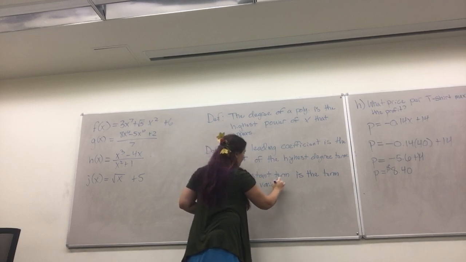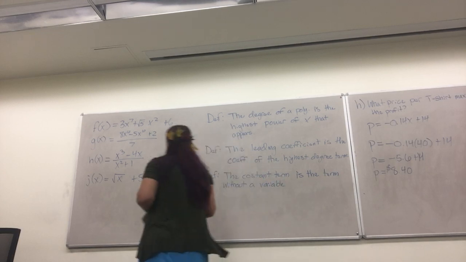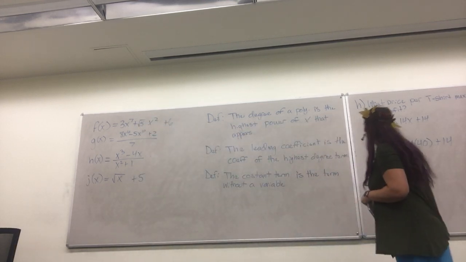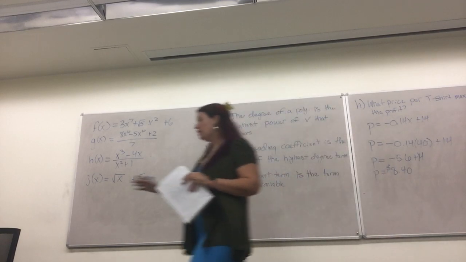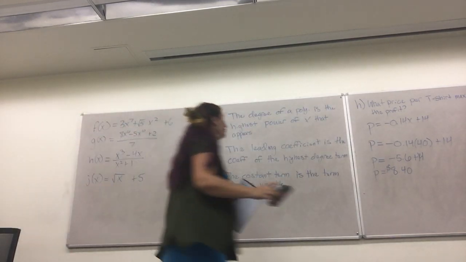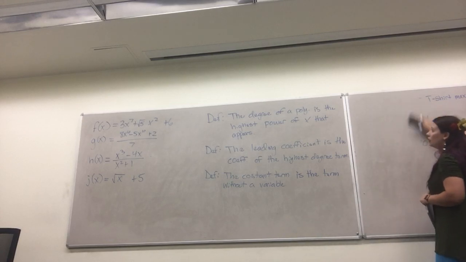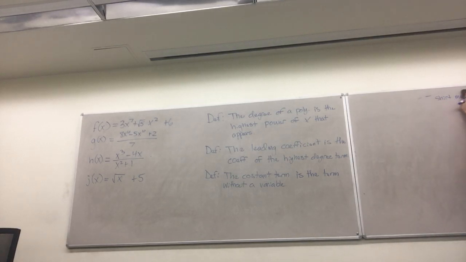So let's look back at f for our example. If we're looking at f, what would be the degree of the polynomial? 7, because the other terms are to the second or to 0, because there's no x.